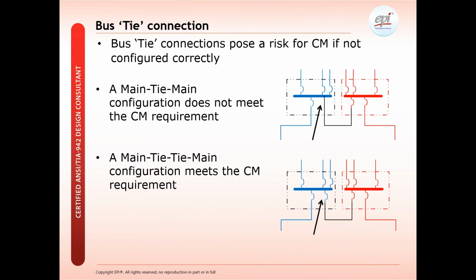We will also look at the various requirements for TIA when implementing ties between switchboards or between infrastructures. We need to ensure for rated 3 and 4 that the tie arrangements are concurrently maintainable, which means we need to have a main tie main configuration.